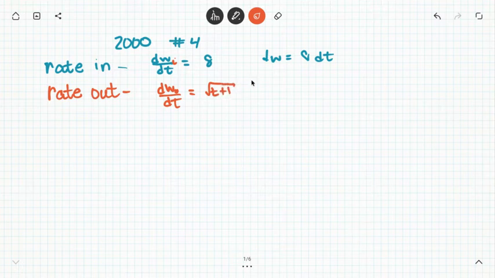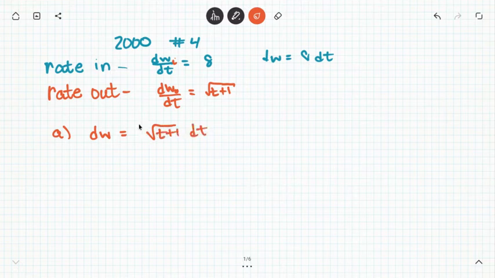So we have these two equations. And then for part A, it says how many gallons of water leak out of the tank from the time from 0 to 3. So out would be this red equation, so we'll use it, and we'll rewrite it, the rate of water as the square root of t plus 1 dt.